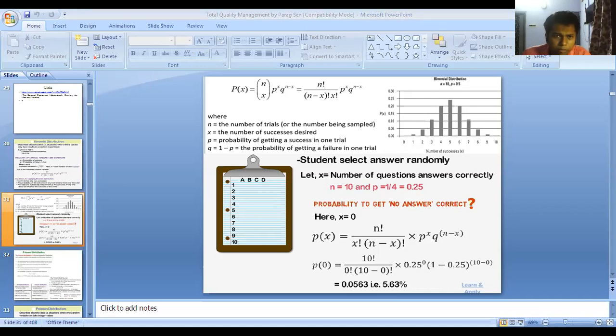One will represent one defective out of some samples, for example 20 samples, or 2 defectives out of 20 samples. That's why the binomial distribution is very suitable, you can represent it in this way.